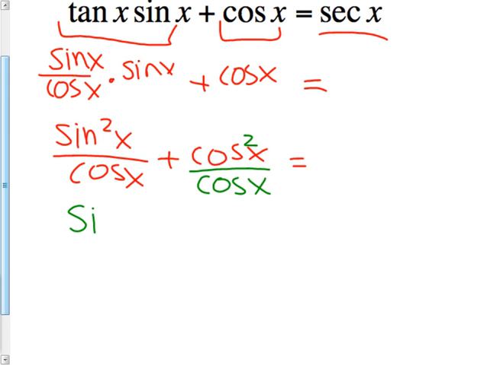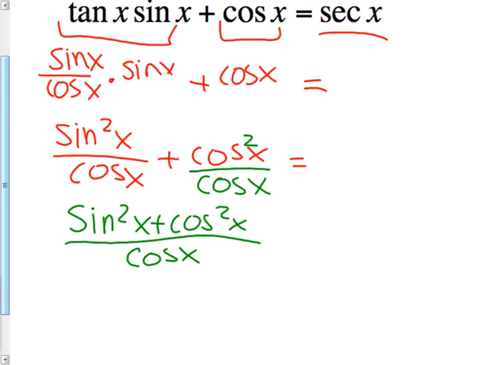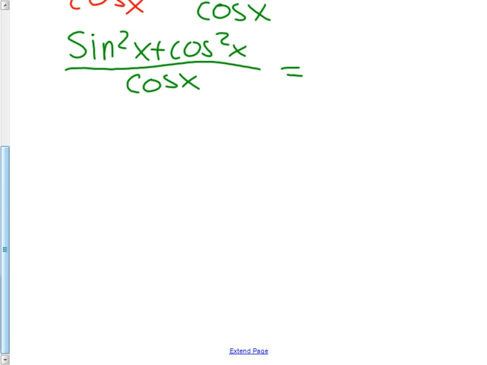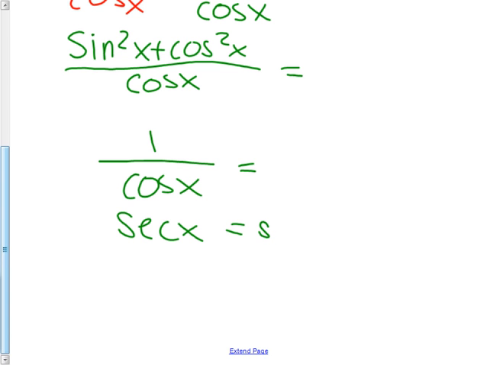Then we get sine squared of x plus cosine squared of x all over cosine x. What do you notice on the top? Yes, so that is 1. And then over cosine x. And then that equals secant.